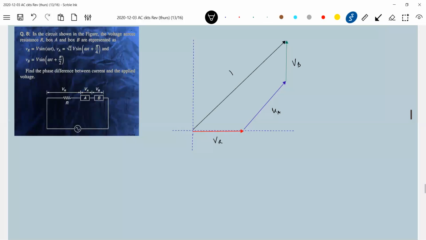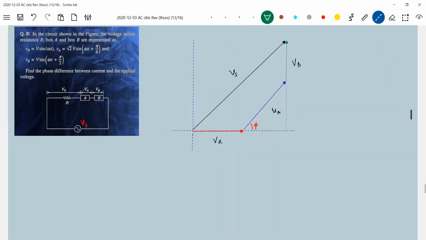This is VB, and this is the applied source VS. Find the phase difference between current and the applied voltage. One thing I'm very sure about is this angle: pi by 4, 45 degrees between VA and VR. It's a purely phasor diagram based question.